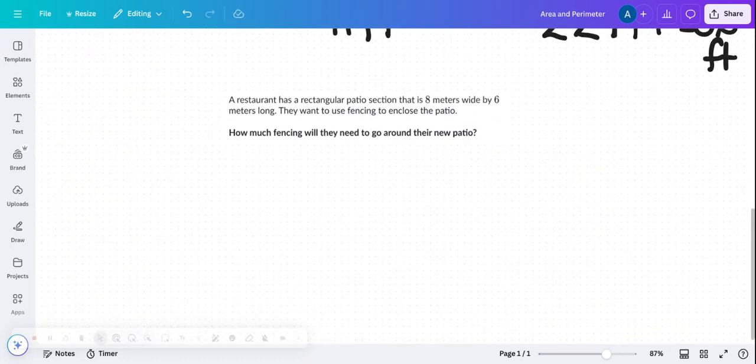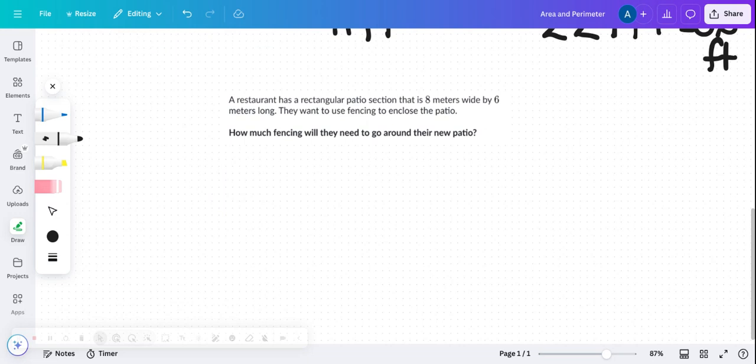In this question, it says a restaurant has a rectangular patio section that is 8 meters wide by 6 meters long. They want to use fencing to enclose the patio. How much fencing will they need to go around their new patio? So I'm going to think about what shape I would draw my model.